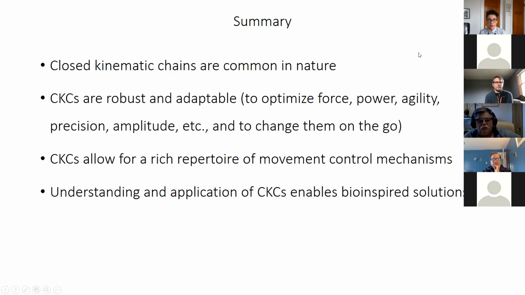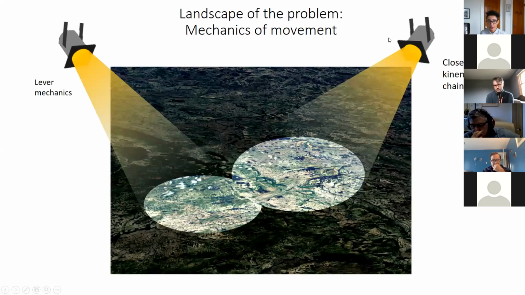To summarize, closed kinematic chains are common in nature. They're robust and adaptable and also allow instantaneous change in force, power, agility, and amplitude of movement. They allow us to deploy a rich repertoire of control mechanisms, and understanding of closed kinematic chains enables us to find bioinspired solutions to real-world problems.